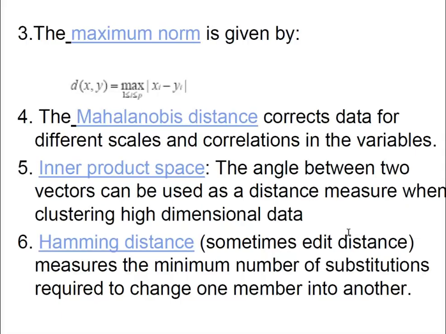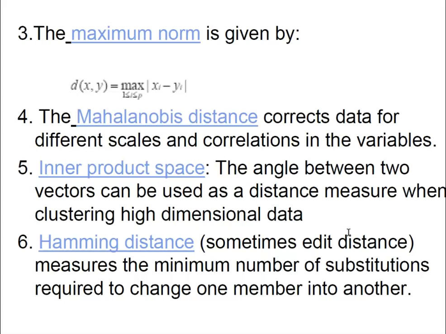Number 5 is the inner product space or cosine similarity. Instead of measuring straight line distance, you measure the angle between two vectors. This is extremely popular in text analysis. Two documents that use the same words in similar proportion will have a small angle between them, even if one document is much longer than the other.